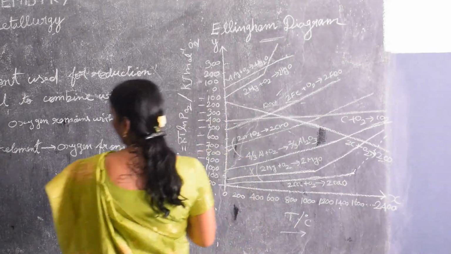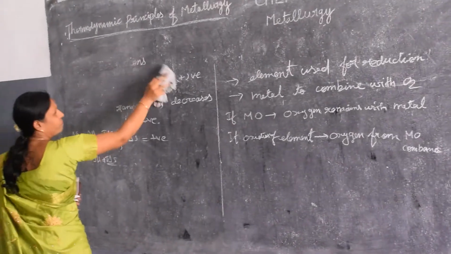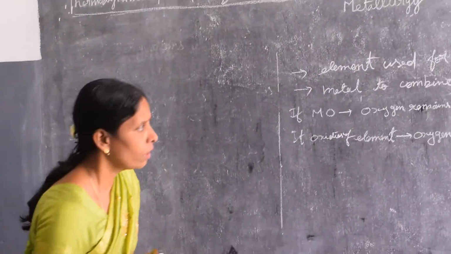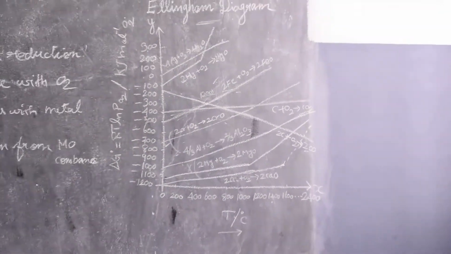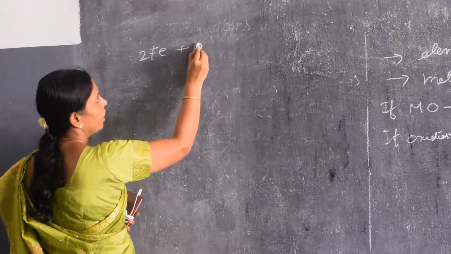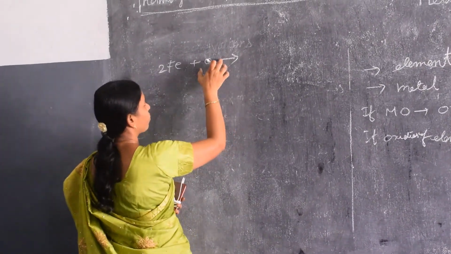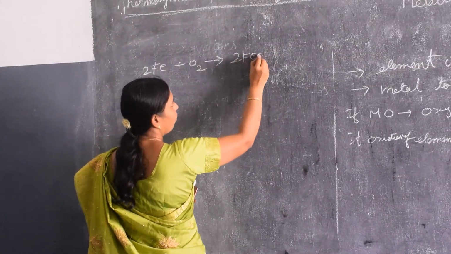And then reaction பார்க்கலாம். If you take iron oxide, okay, iron oxide with a carbon monoxide reaction: iron, Fe to FeO, 2Fe plus O2 reacts to get 2FeO, iron gets oxidized to form 2FeO.